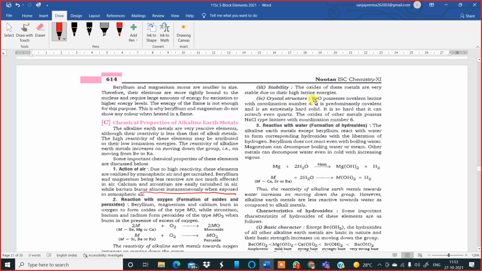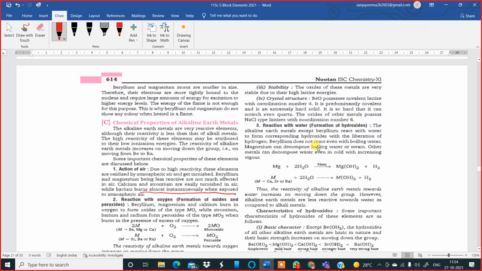Crystal structure: beryllium oxide possesses a covalent lattice with coordination number 4. It is predominantly covalent and an extremely hard solid. It is so hard that it can scratch even quartz. The oxides of other metals possess sodium chloride type lattice and coordination number 6. Coordination number 6 means there are 6 atoms surrounding the central atom in the crystal lattice.